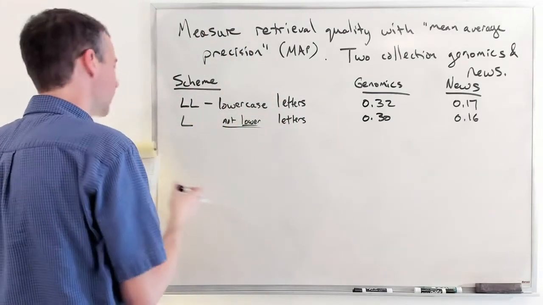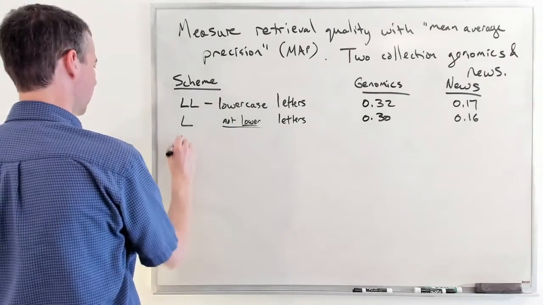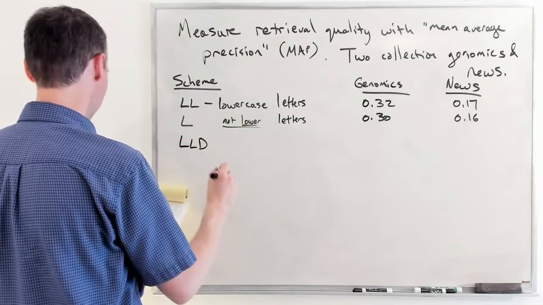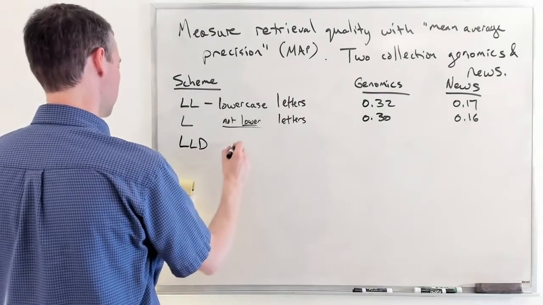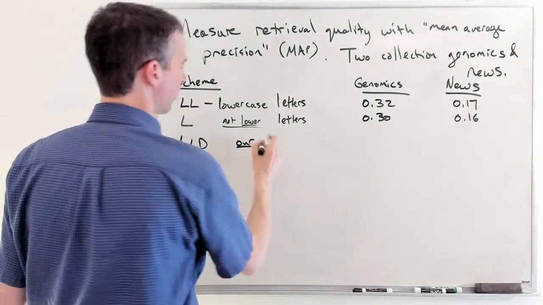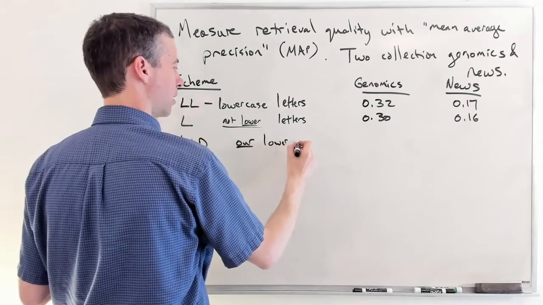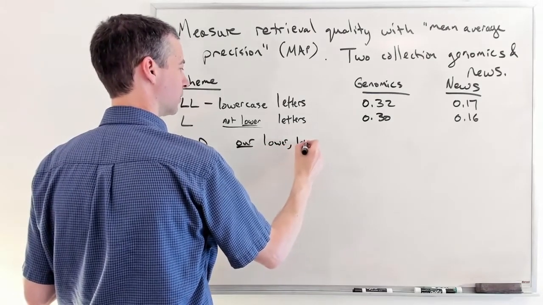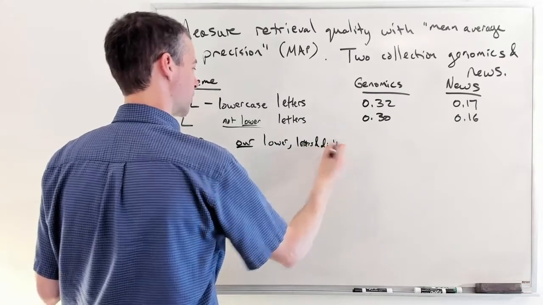Maybe there's something there. Then they look at what they call LLD. This is basically our tokenizer. We downcase, and we have letters and digits, and we let them stay together.